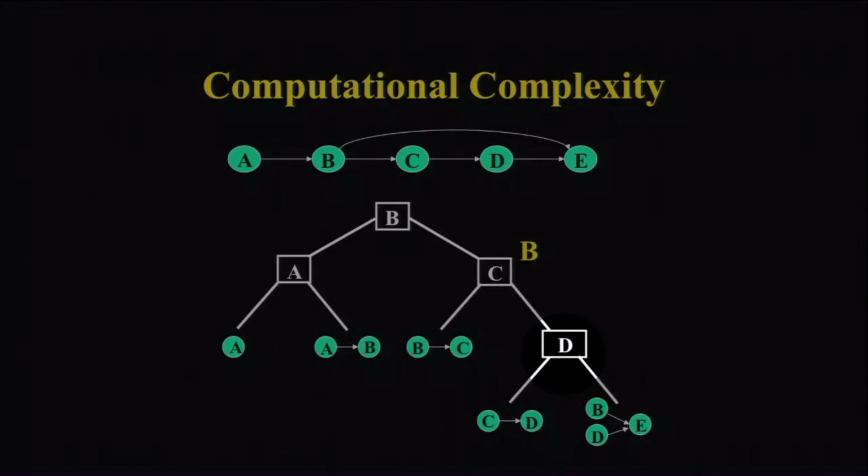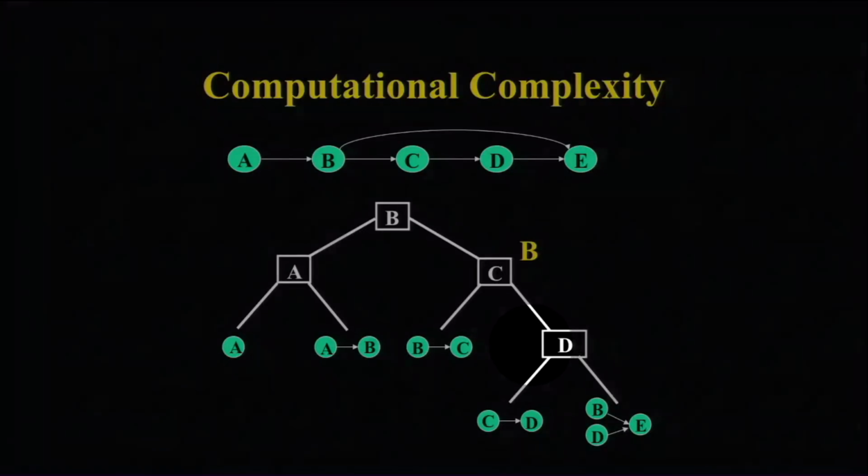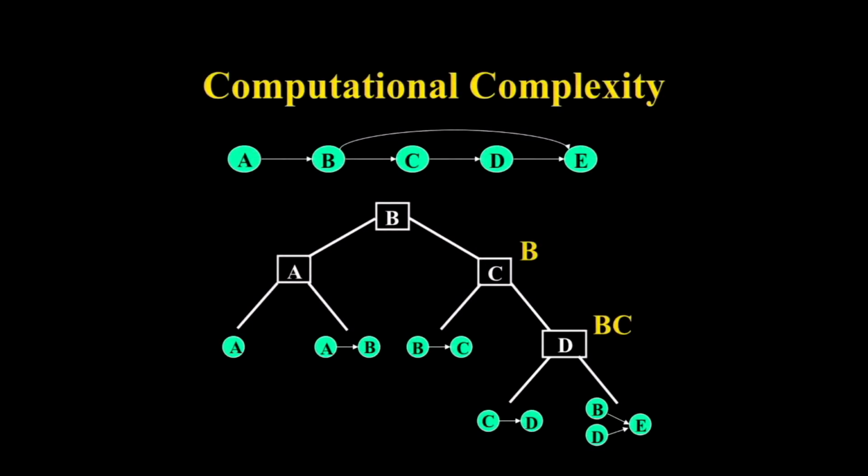How many times will this node be called recursively? 4 times, depending on the state of B and C. You guys see that? And so on. This guy will be called 8 times, depending on the states of B, C, D. You see that?